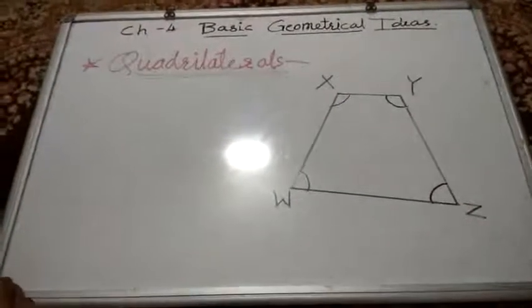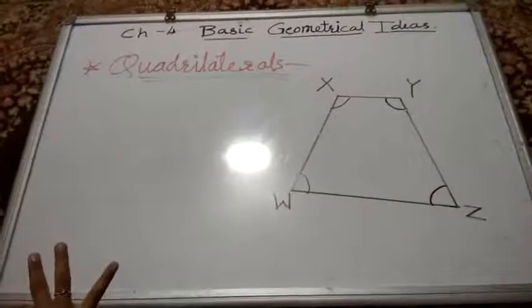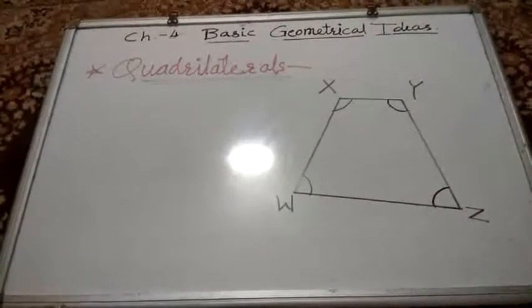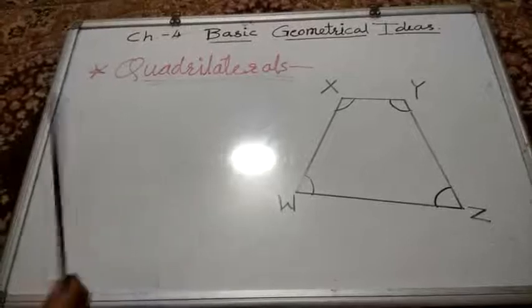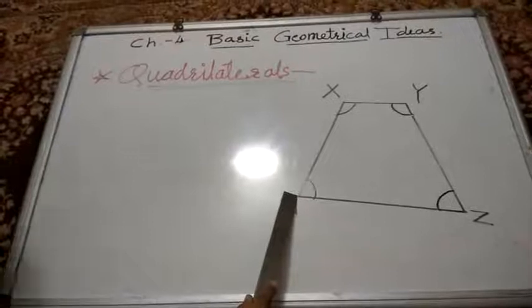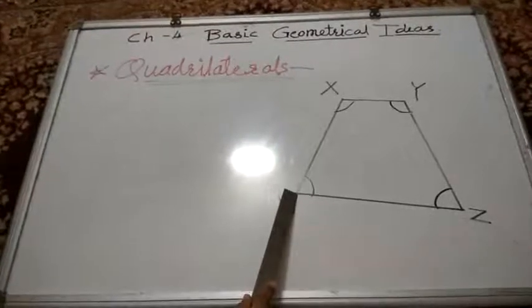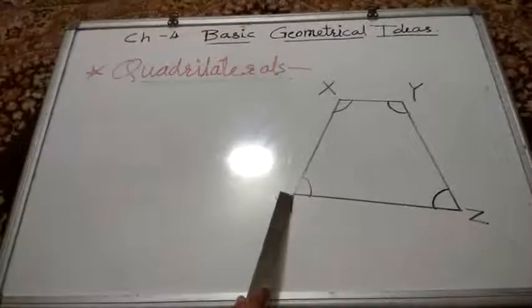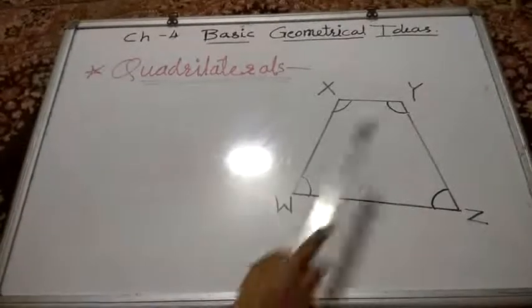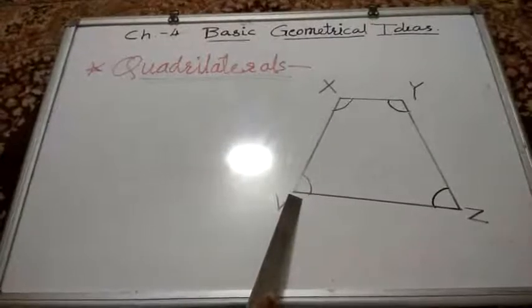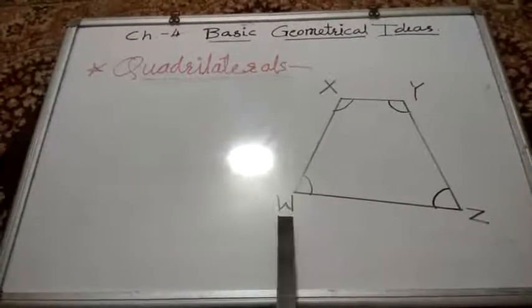In the previous video, we learned what adjacent sides and opposite sides are, and what adjacent vertices and opposite vertices are. Now tell me, in this figure WXYZ, what are the pairs of opposite vertices?